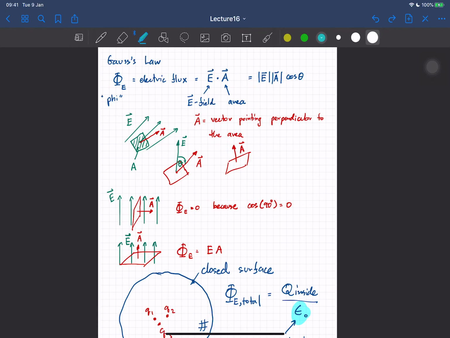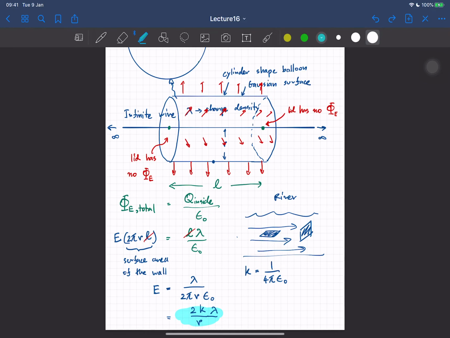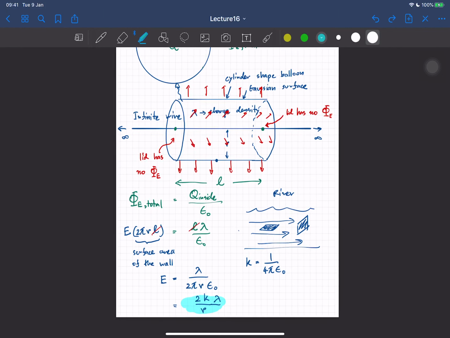You just draw a nice picture and then you say, okay, the flux is equal to the charge inside. So this is the situation where Gauss' law is useful, but you can see the limitation right away because if you don't have this kind of symmetry, then Gauss' law is not going to help much. Anyway, I will continue talking about this next time.